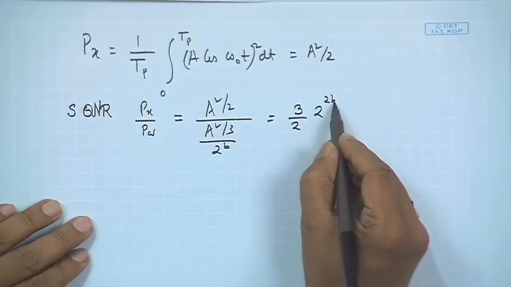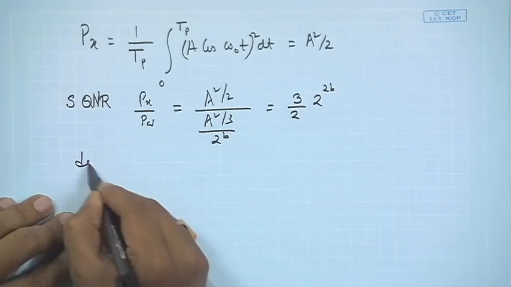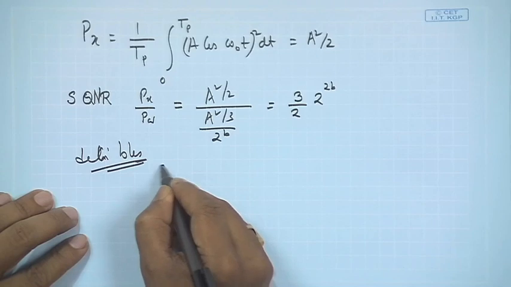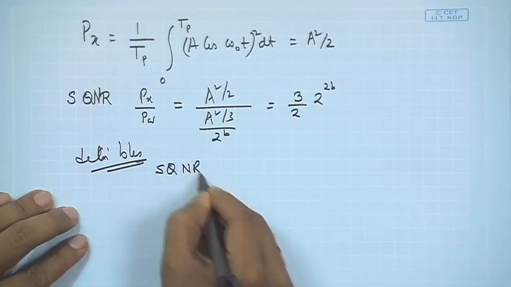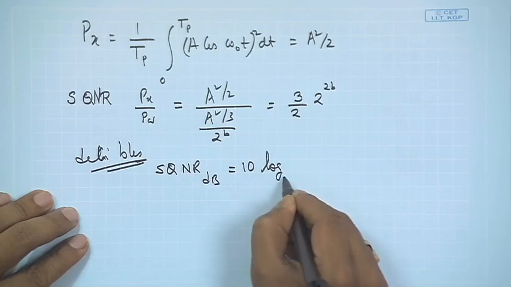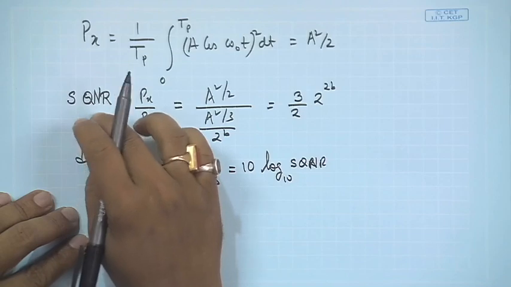Now, B is the number of bits of accuracy that we have said. So, if you convert this to decibels, that means SQNR in dB is 10 log base 10 of the SQNR that you calculated here.